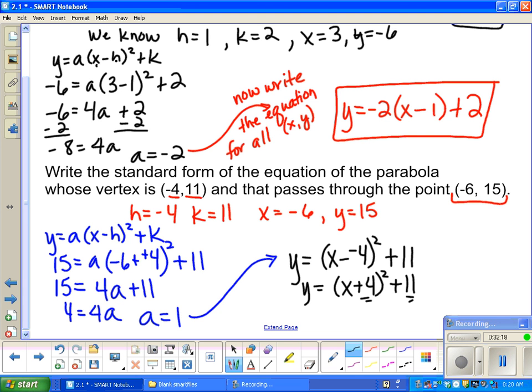We can look, that's our vertex, -4, 11. If I substitute x equal -6, I'm just doing a mental check. -6 plus 4 is -2. -2 squared is 4. 4 plus 11 is 15. It checks. So I can check my standard equation.